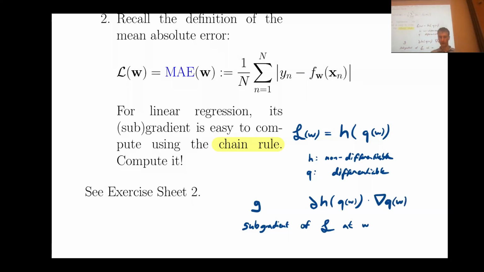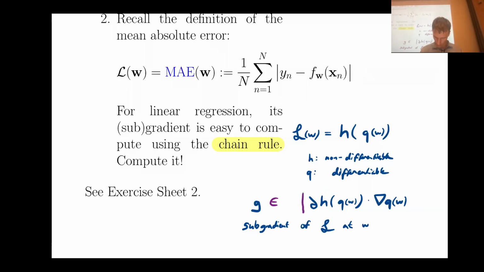What we have here is that we might not have a gradient of the outer one, right? So we need to use subgradients of h, and there might be several.